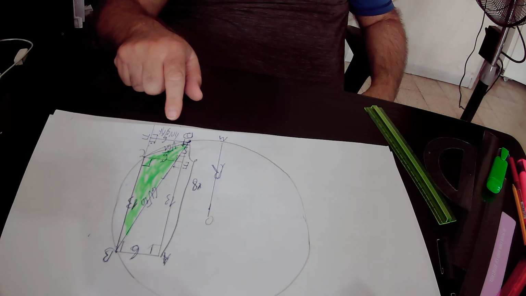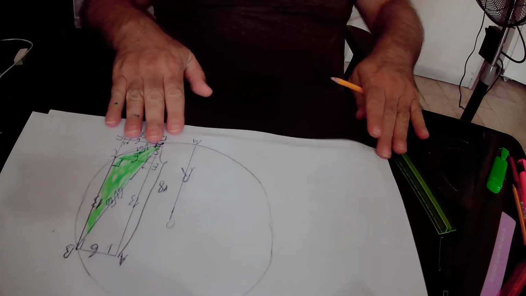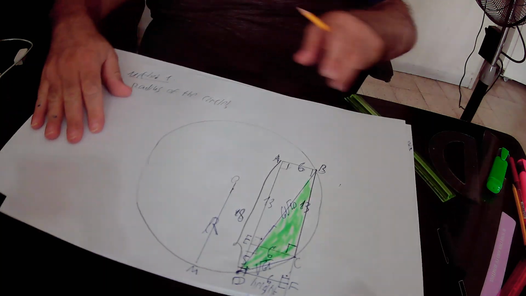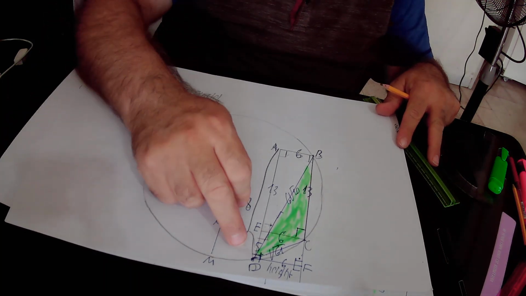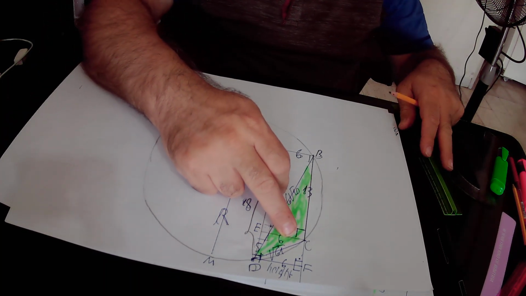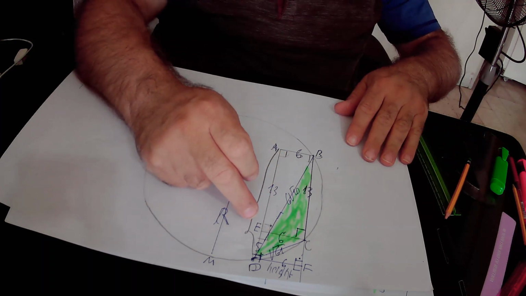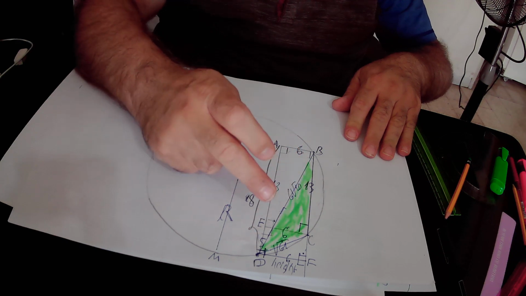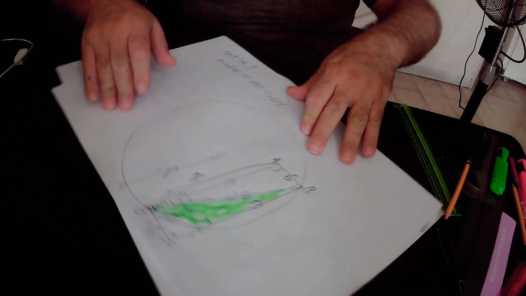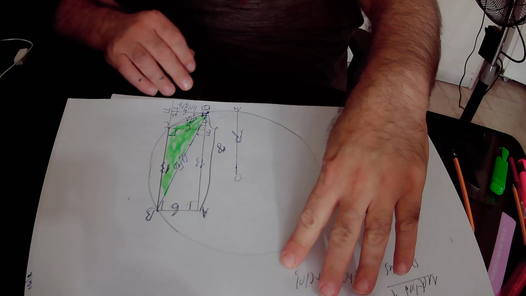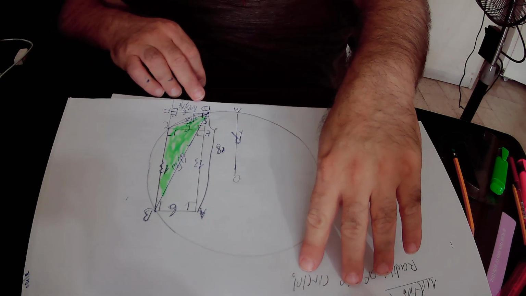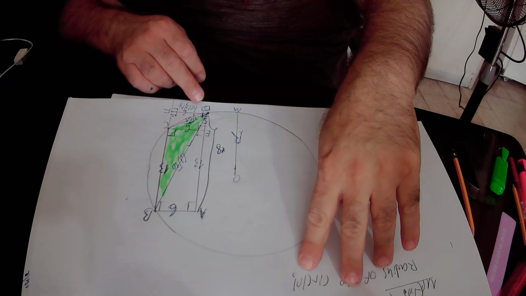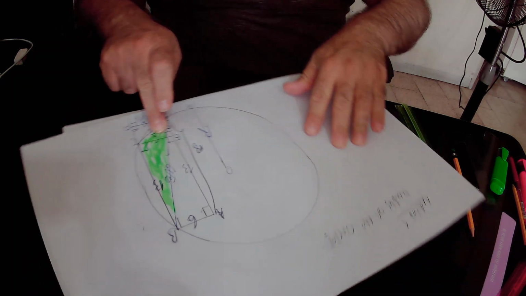In this way, we created the small right triangle CDE.